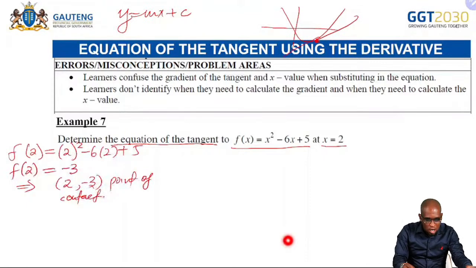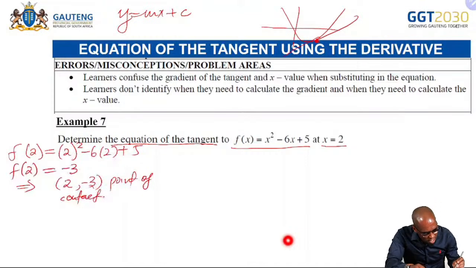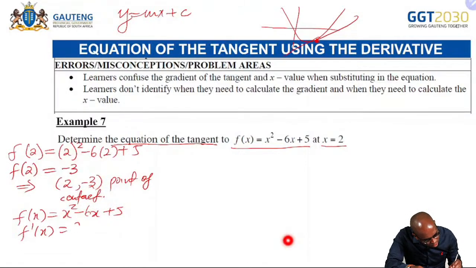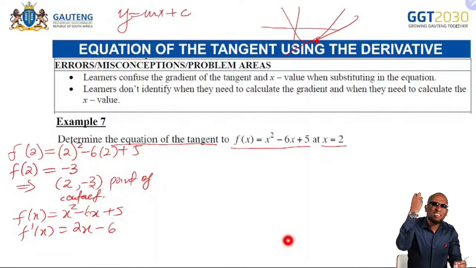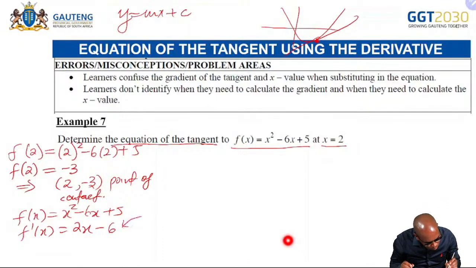Very, very important. After finding the point of contact, we can find the gradient of this graph. Remember what we said: we have f of x is x squared minus 6x plus 5. When I differentiate this to get 2x minus 6, we find what we call the gradient function.